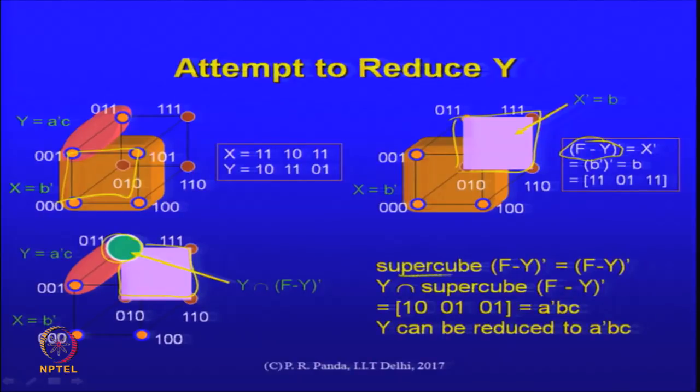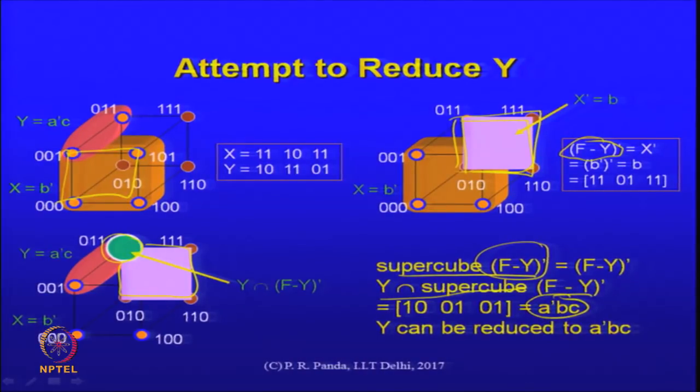So, what is the supercube of f minus y prime? F minus y prime is the set of those 4 minterms. The supercube of those 4 minterms, each taken as a cube, is what? You end up with 1 cube only, right. This is an example where the supercube results in just 1 cube. So, y intersection with this is just a reduced version of y.